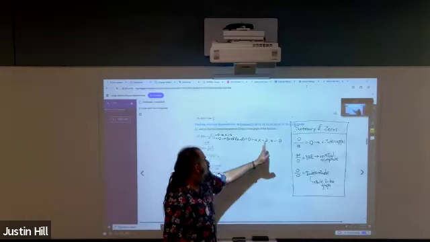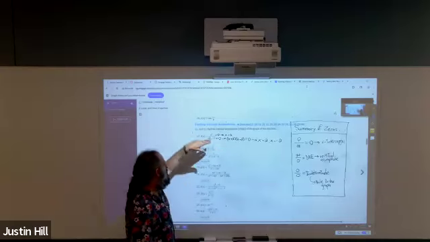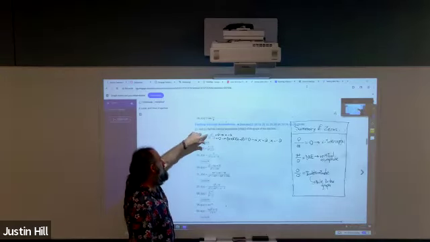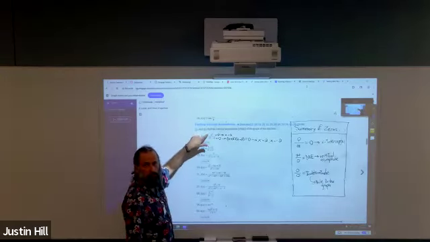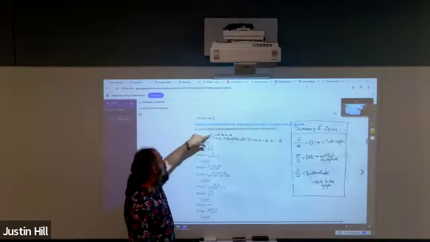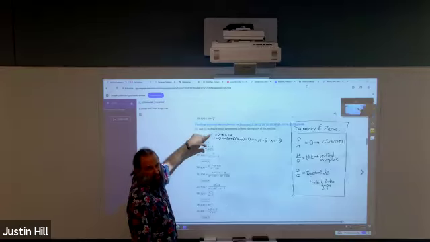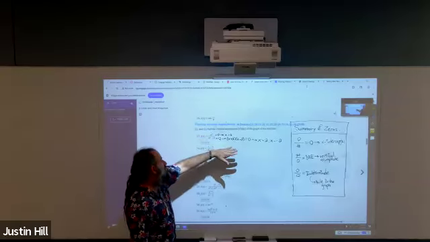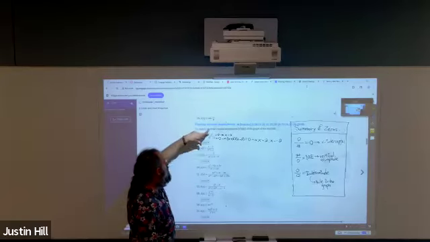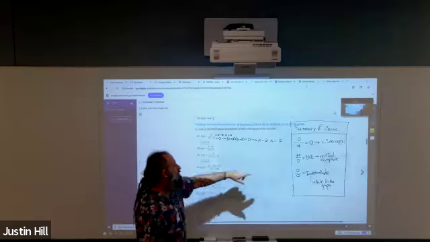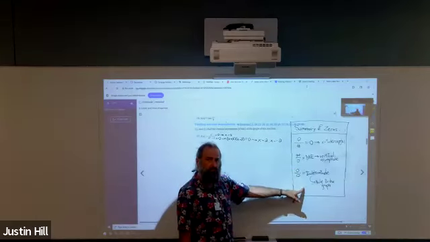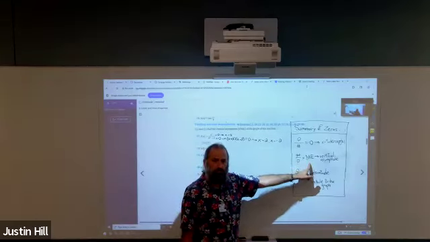Now let's look at the 2 and the negative 2. If I plug in 2 or negative 2, I know that makes the bottom 0. Does it make the top 0? No, not at all. You plug in a 2 to the top, you get 4. You plug in a negative 2 to the top, you also get 4. So in either case, that gives you 4 divided by 0. And which one of these cases is that? Perfect, that's a vertical asymptote.